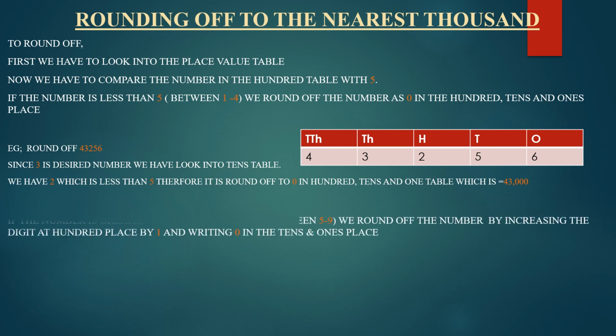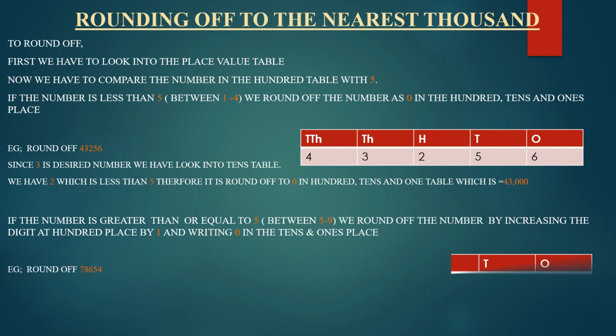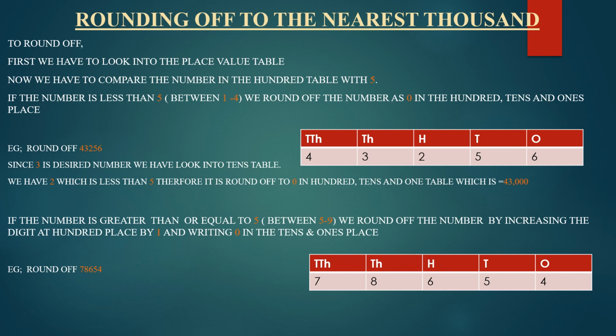In the same way, if the digit is greater than or equal to 5, in the case of rounding off to the nearest 1,000, we have to see how 1 is added in the thousands place, and then we write zeros in the place of hundreds, tens and ones. You see, we have taken a number 7,654. Now the table is drawn and everything is clear with it, I hope.